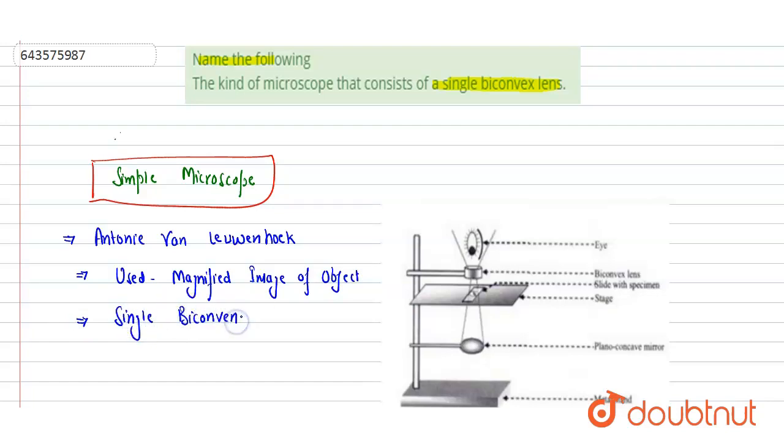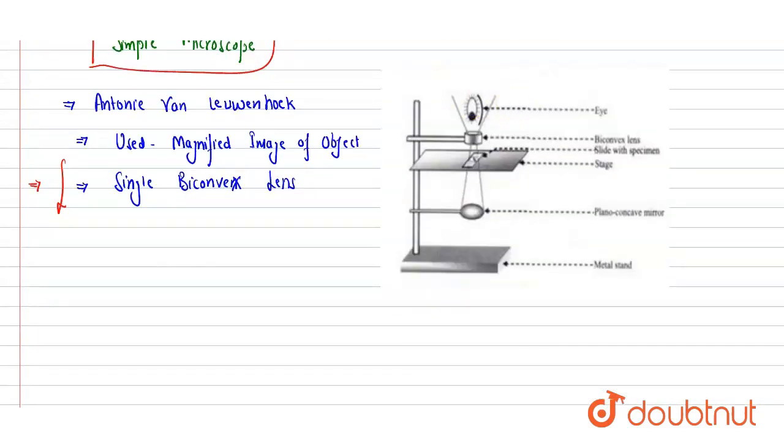Here we will see the biconvex lens structure of this simple microscope, and then we will better understand how it is used to see the magnified image. As the figure shows, it is a very simplified structure, so that you get a better idea of how this microscope works with the help of a single biconvex lens.